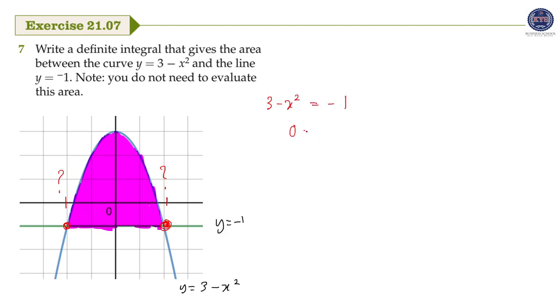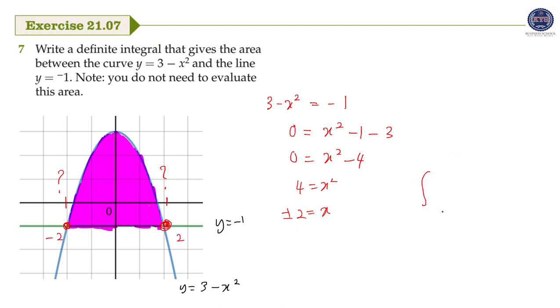So therefore you will get 0 equal to x squared minus 1 minus 3. So x squared minus 4. Alright, so here you will get 4 equal to x squared. So x equal to plus minus 2. So we know this is 2 and this is negative 2.